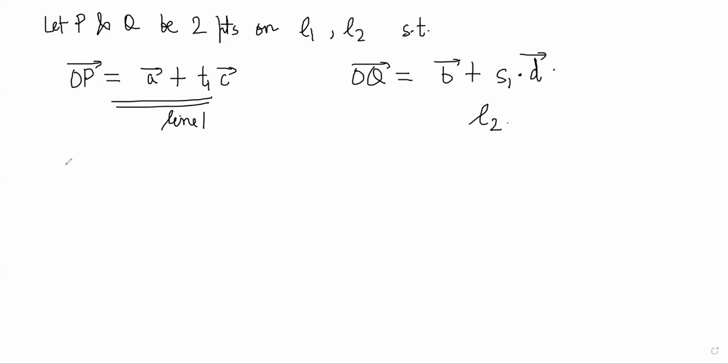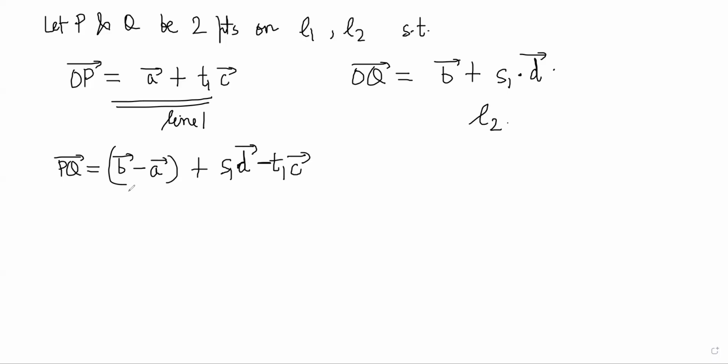Now, the PQ vector, the segment, would be B minus A plus S1D minus T1C.